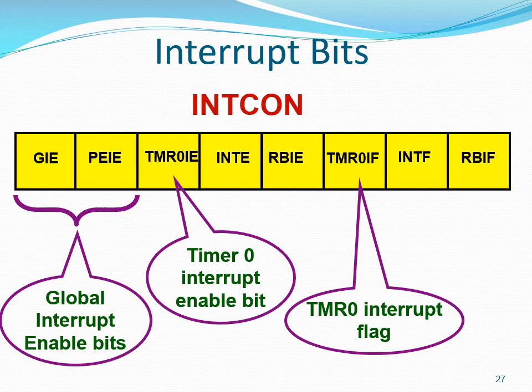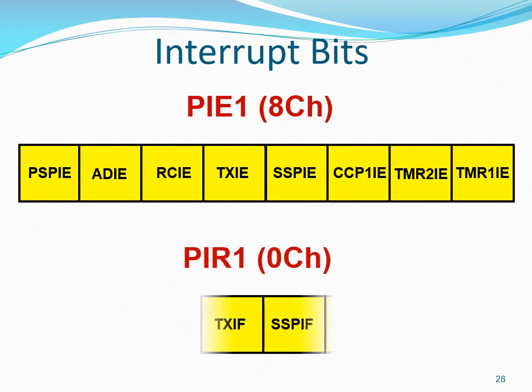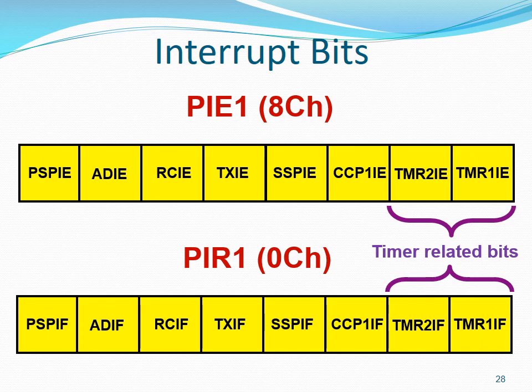We also have the interrupt enable bit and the interrupt flag bit for the timer 0 overflow interrupt. In the SFR PIE1, we have the interrupt enable bits for timer 1 and timer 2 overflow interrupts. In PIR1, we have the interrupt flags for timer 1 and timer 2 overflow interrupts.